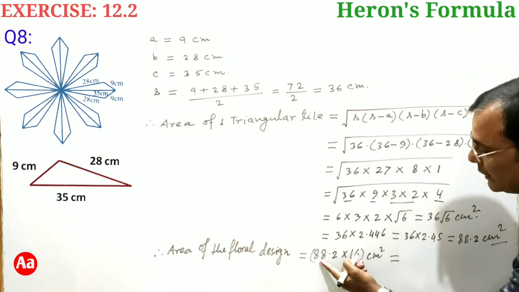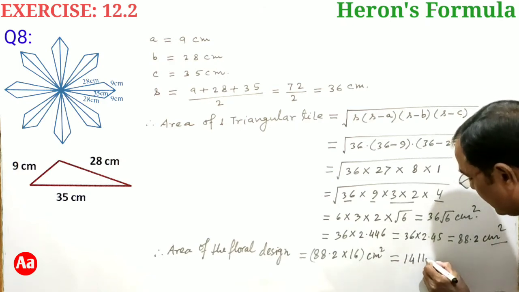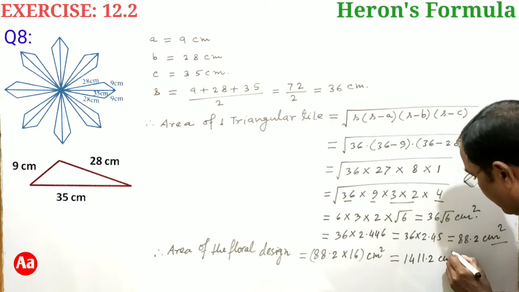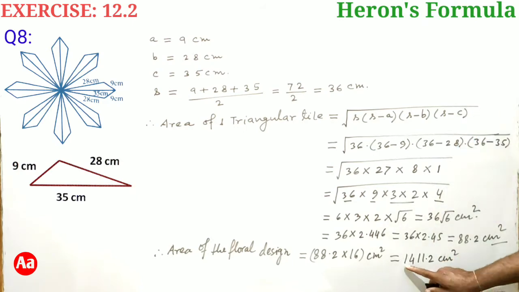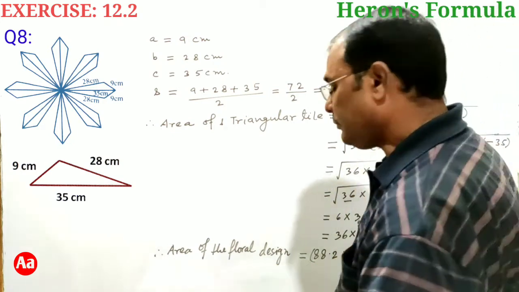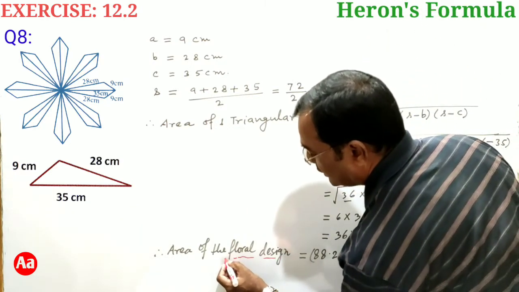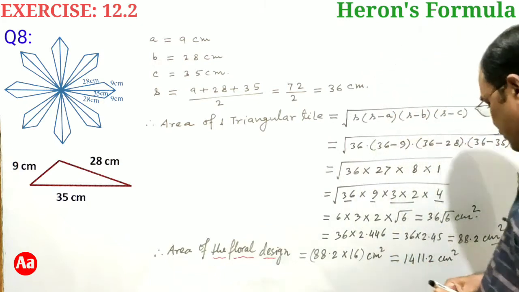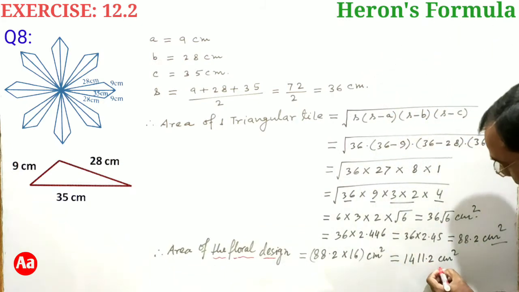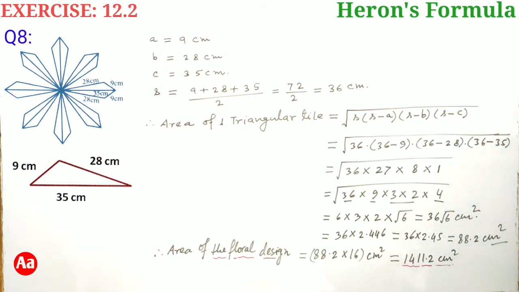If you multiply 88.2 by 16, you will get 1411.2 centimeter square. So this is the area of the floral design. The area of the floral design we have got is 1411.2 centimeter square.